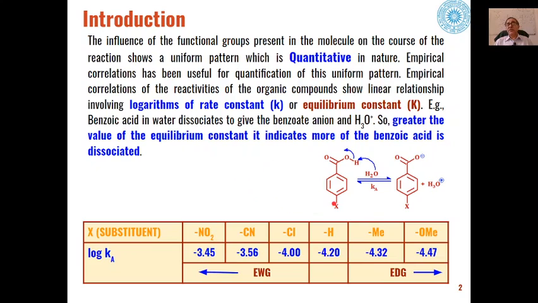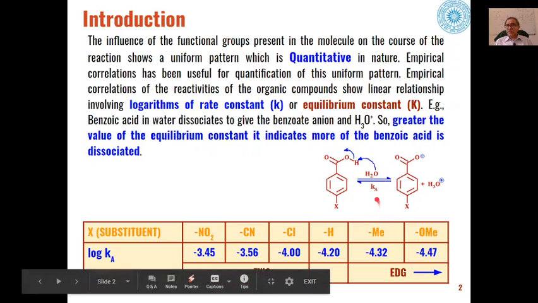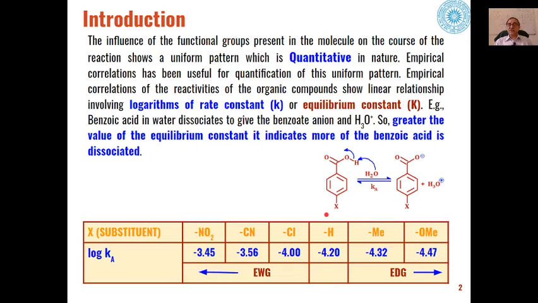For example, if we take the case of benzoic acid dissociating in water to give us a benzoate anion and hydronium ions, the rate of the reaction will be affected by the presence of, say, a substituent at the para position. Greater the value of equilibrium constant in this reaction, this will indicate that more of benzoic acid is converted into benzoate anion.